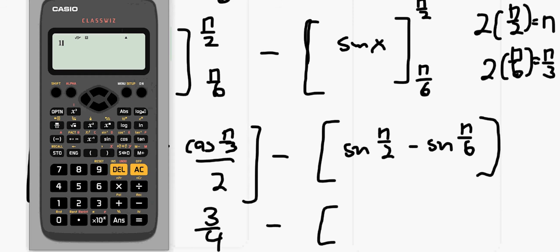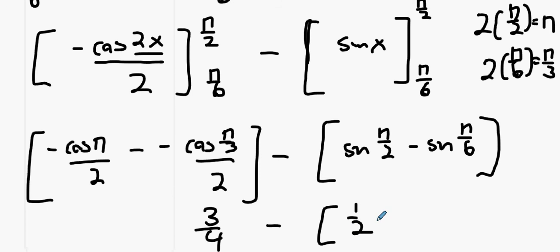Sine 90 and sine 30, so sine pi over 2. Whichever way you want to draw it. The half, yeah. 3/4 minus a half is 1/4. Did anybody get 1/4 for the answer for that one? Annie Oliver? Oh dear.